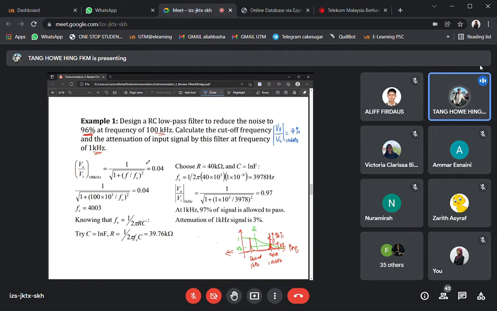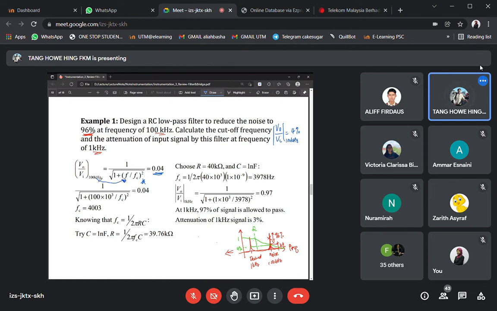Once we know this information, we substitute it into the formula for the low pass filter. We know that VR over VI at 100 kilohertz is desired to be 4%, and this is the frequency where we want to filter, which is 100 kilohertz.